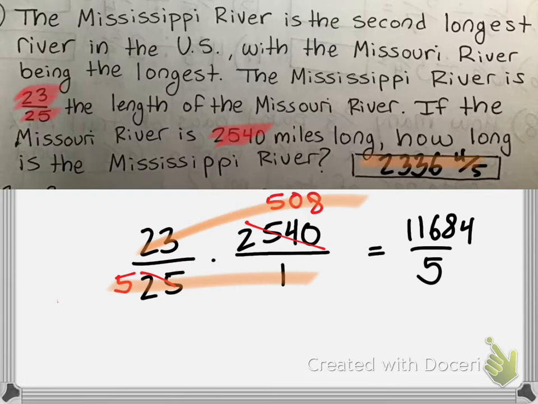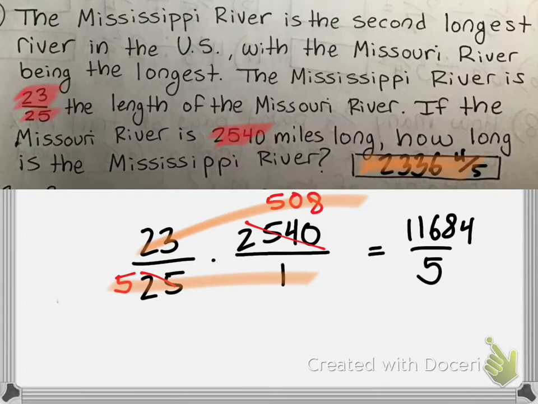2,336 and 4/5. Just because if you multiply 23 over 25 multiplied by 2,540 above 1, it would equal 11,684.